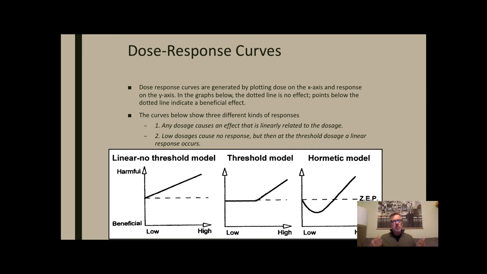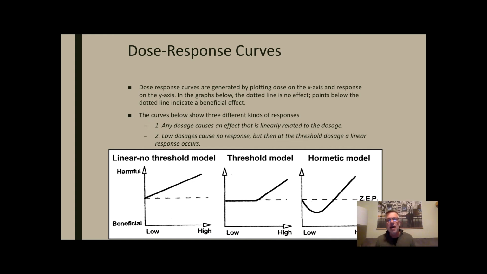The curves listed below show three kinds of dose responses. The first one is that any dosage causes an effect, and that effect is linearly related to the dosage. In the second one, low dosages cause no response until you reach a threshold level, at which point you then get a linear response.